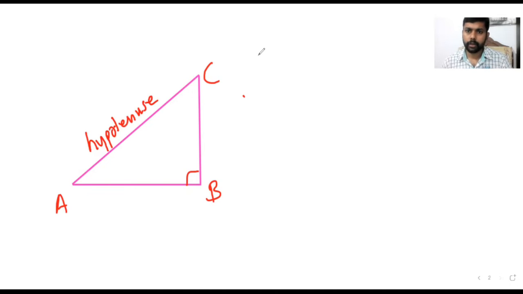And we are fixing an angle in this right angle triangle. Suppose we are fixing one angle here.